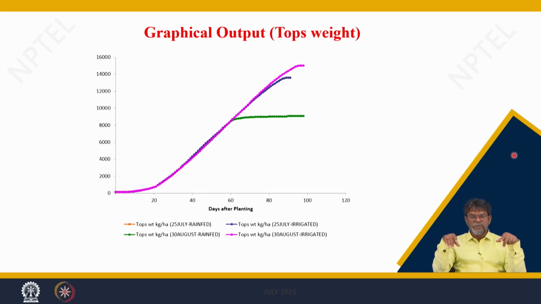First create the tables; these are treatments. Suppose we have two planting dates, 25 July and 30 August, and two water managements, rain-fed and irrigated. First you have to make sure you understand that these are the 4 treatments that have to be created.